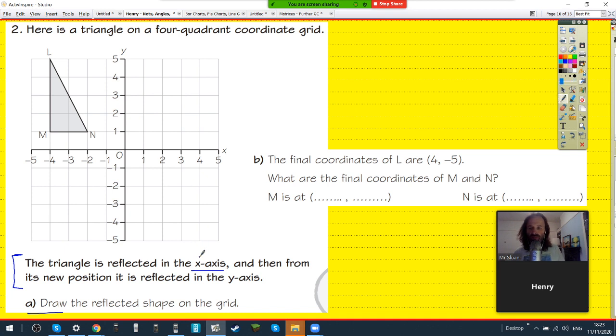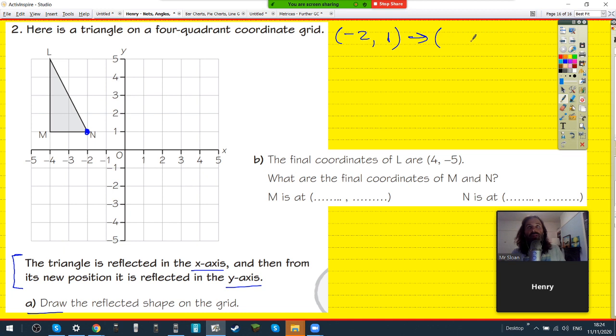So you first reflected in the x-axis and then in the y-axis as well. Okay. So this is N. What is the coordinate of N? -2 and 1. So that is -2, 1. Okay. So what will that be after reflection? -2 and -1.